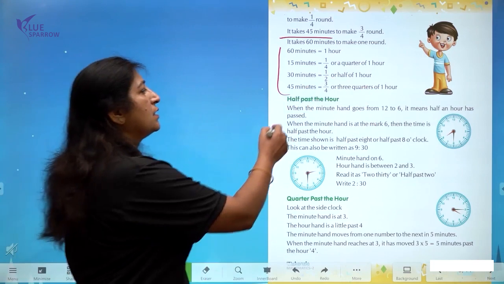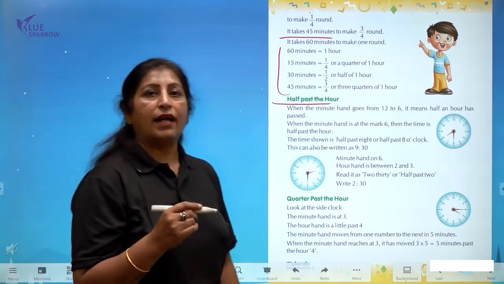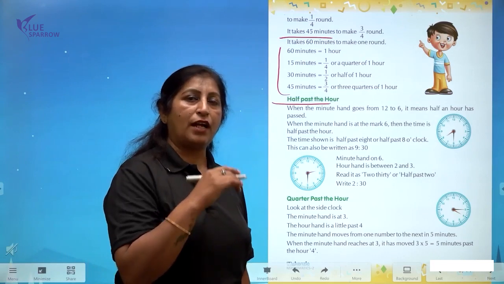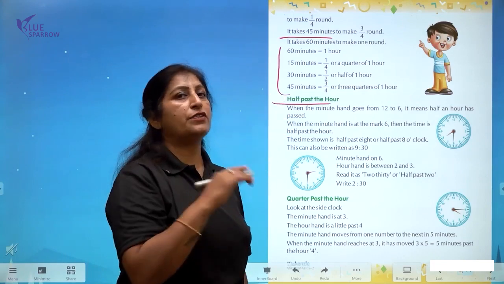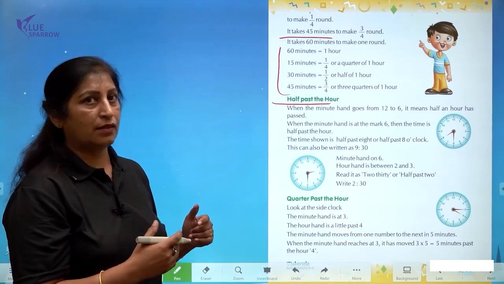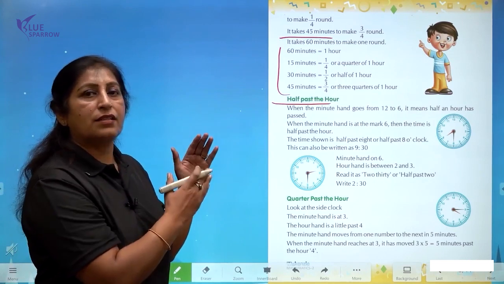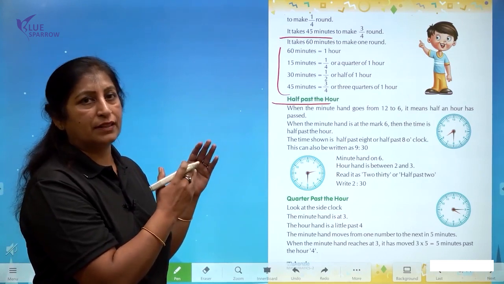Now we discuss half past the hour. You know that if the hour hand is at 5 and the minute hand is at 12, it means 5 o'clock. Now suppose the minute hand is at 6 and the hour hand is between 5 and 6, just halfway between 5 and 6.